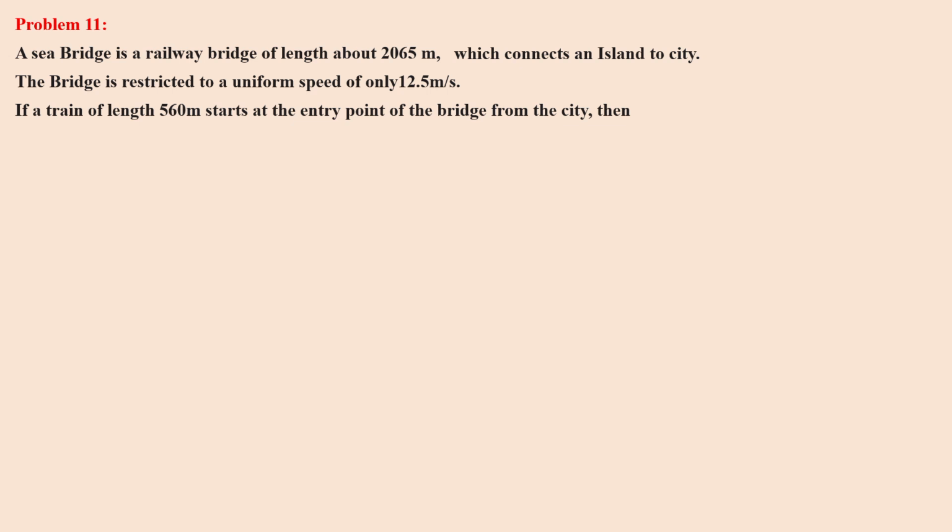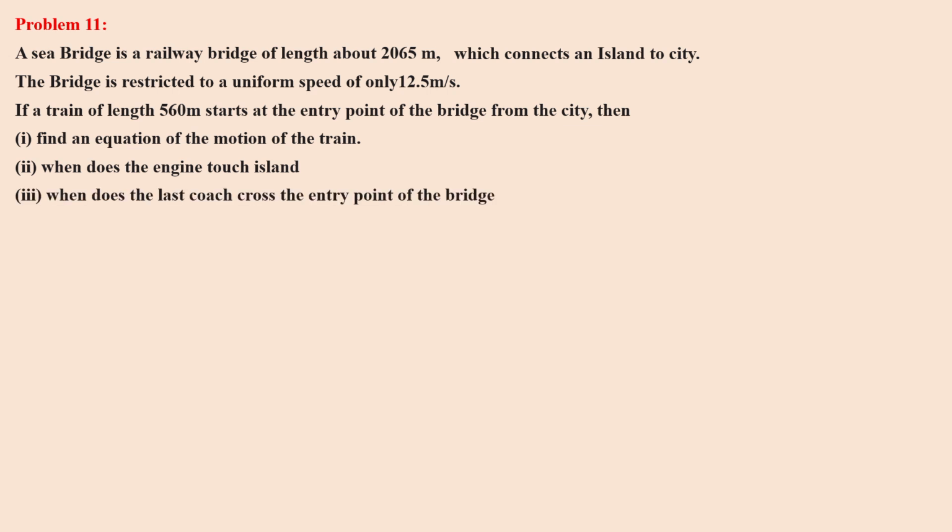If a train of length 560 meters starts at the entry point of the bridge from the city, then find: first, an equation of the motion of the train. Second, when does the engine touch the island? Third, when does the last coach cross the entry point of the bridge? Last one, what is the time taken by the train to cross the bridge?